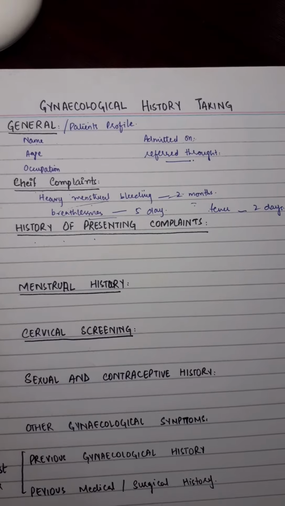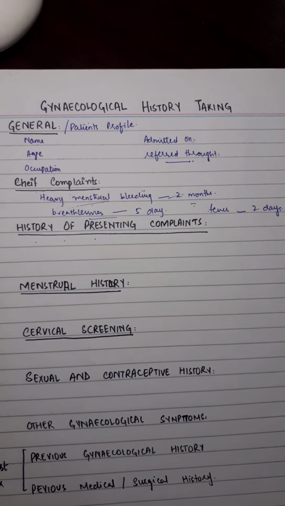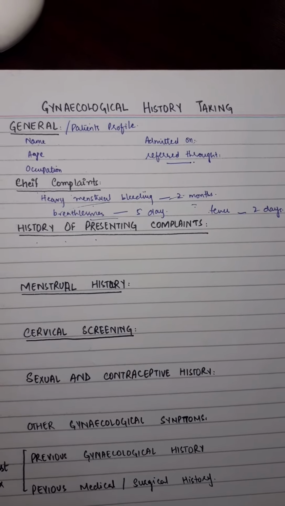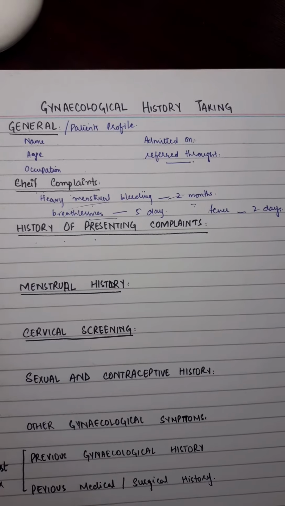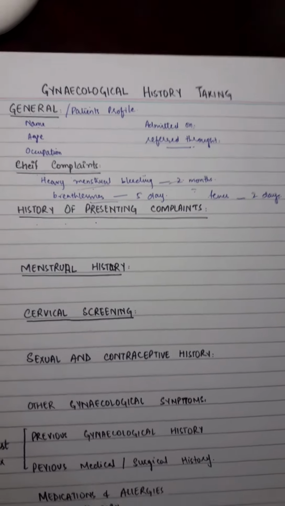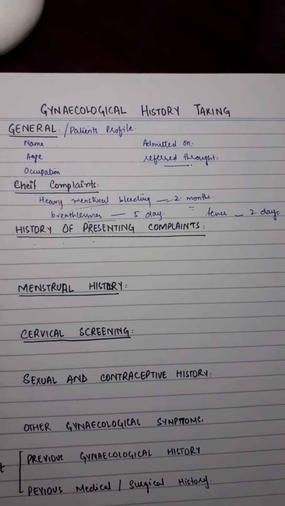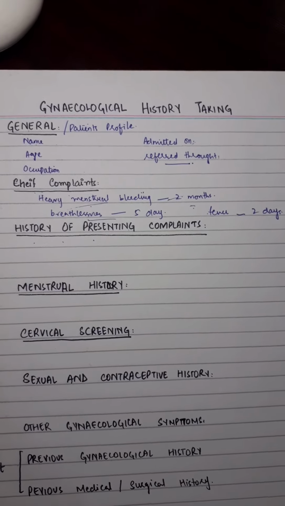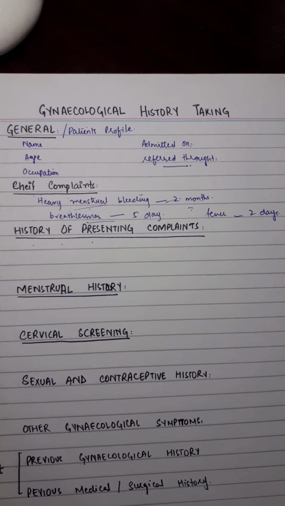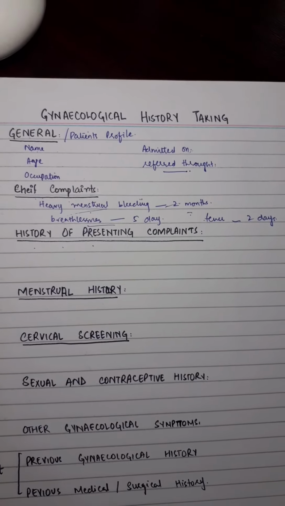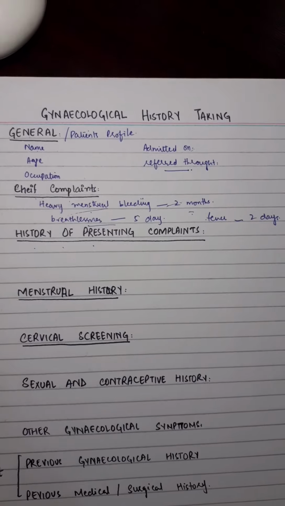Is it associated with some kind of exercise? Is it associated with after bleeding, before bleeding, or anything else? And fever, obviously you are going to ask about the duration of fever, when it started, its onset was gradual, its character, whether it is step ladder, continuous, remittent, or intermittent, just as you ask in the medical history.